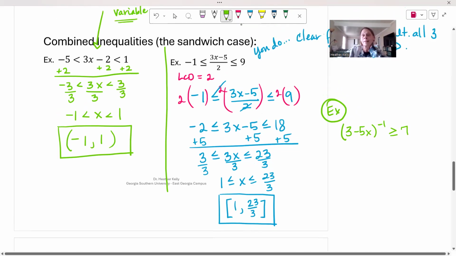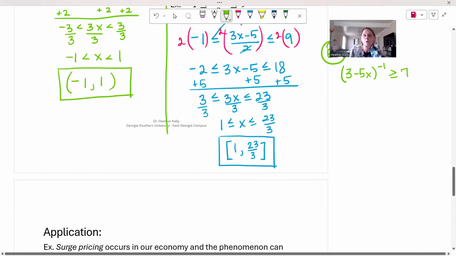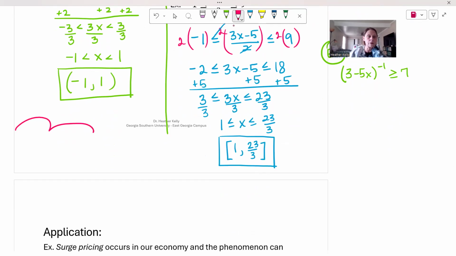Now, let's remind ourselves what negative exponents do. Okay, so I'm going to come over here just a little bit. Let me grab this and let's remember what negative exponents do.